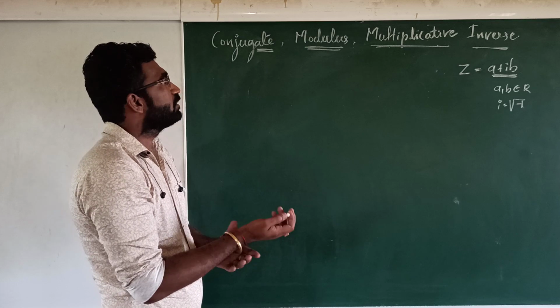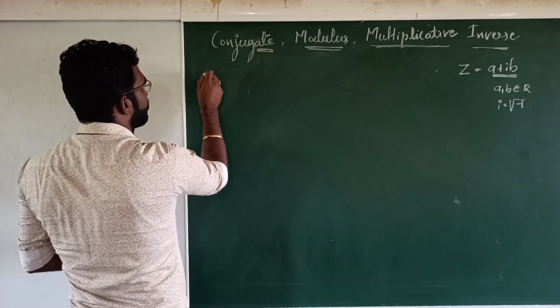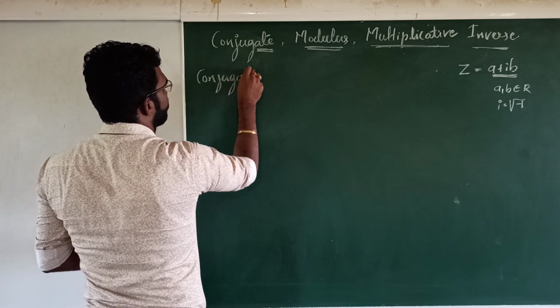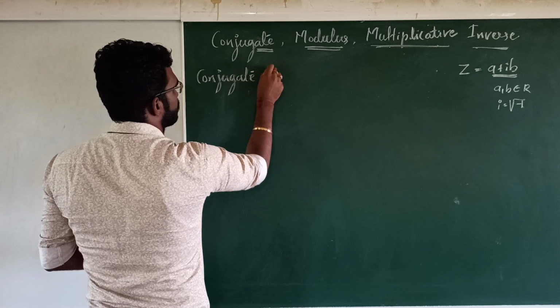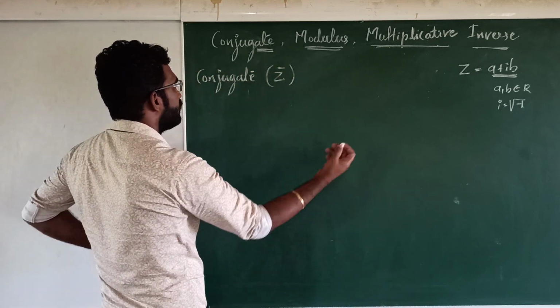Conjugate of a complex number is very easy. Conjugate of the complex number is denoted by z bar. So how to define it?